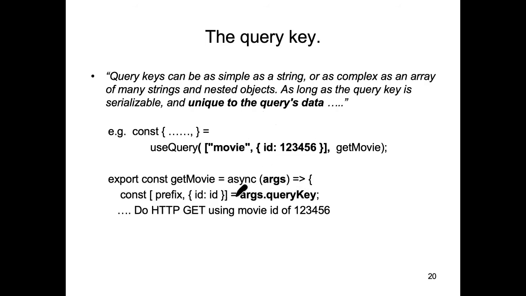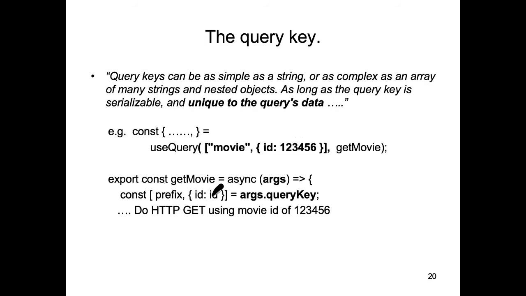And so what I'm doing is taking this expression and applying destructuring to it. I'm destructuring the array, and I'm particularly interested in this part here. So now this is going to declare a variable called ID, and ID will be equal to 1, 2, 3, 4, 5, 6. This is just standard array destructuring, which I'm sure you've seen before. So all I'm saying down here now is I can do my HTTP GET request using whatever value has been bound to this variable.